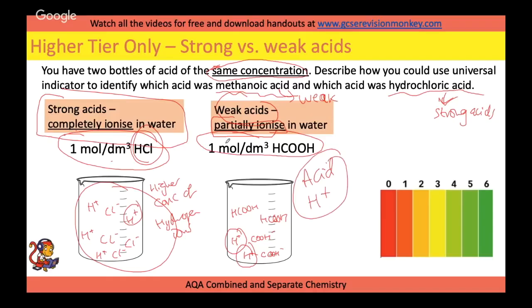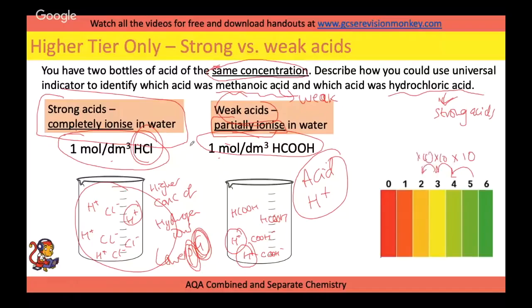But even though they've got the same concentration, this will have more hydrogen ions freely moving around than this one. So it will have a lower pH, because the pH tells us that you can think about it as the percentage P of hydrogen ions that are in the solution. As you go down a pH, you have 10 times more hydrogen ions in the solution.